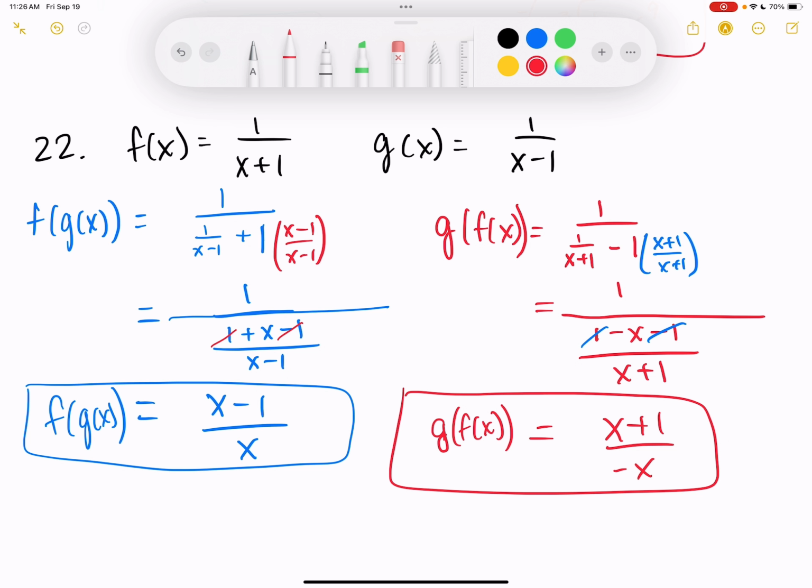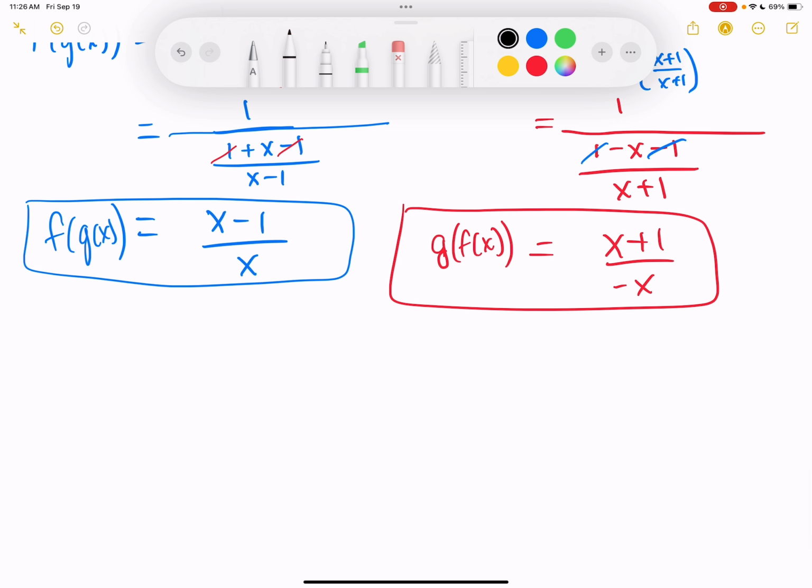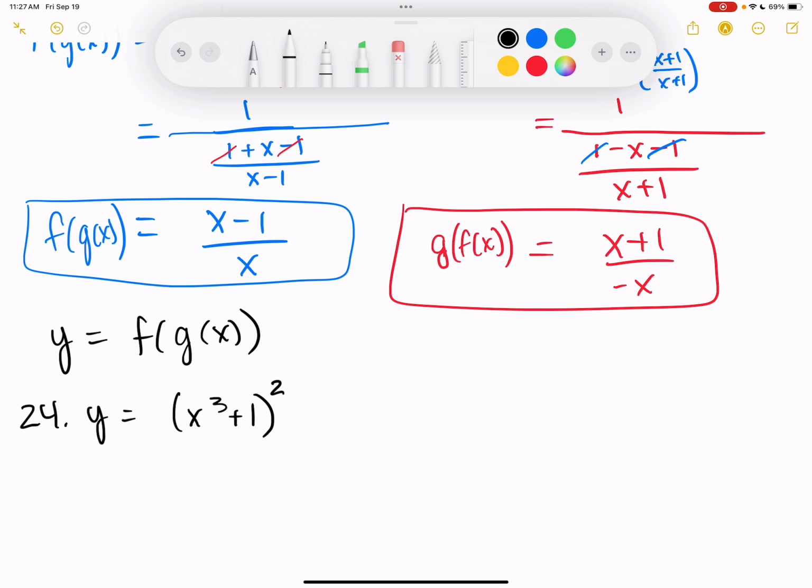All right, we are going to now be decomposing functions. So, this is a function written in the form f of g of x, and I'm going to be breaking it up into its individual f of x and g of x parts. So 24 is y equals x cubed plus 1 all squared.